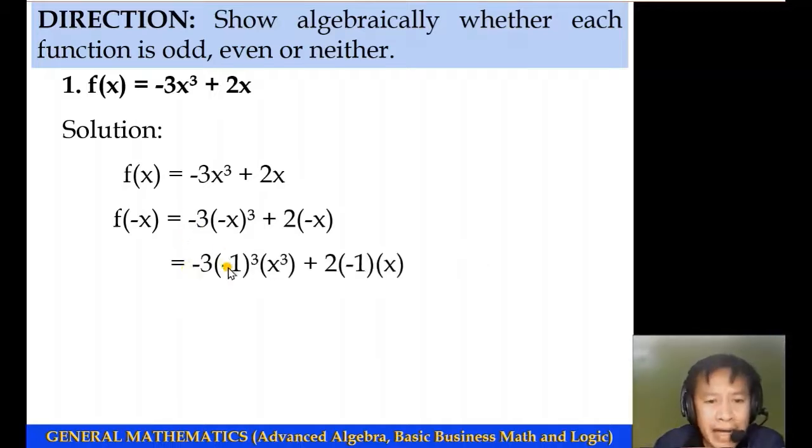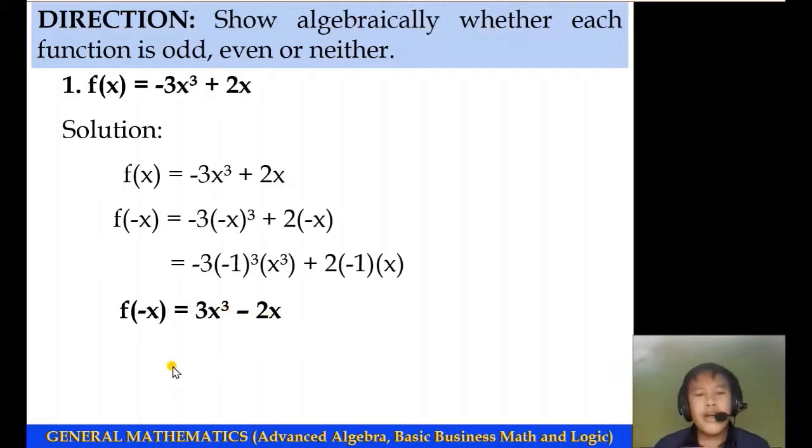What you need to do is split negative x raised to 3 so that you can simplify negative 1 raised to 3, and that is negative 1, because negative 1 times negative 1 is positive 1, times negative 1 is negative 1. Then negative 1 times negative 3 is positive 3 already. And negative 1 times x is negative x, times 2 is negative 2x.